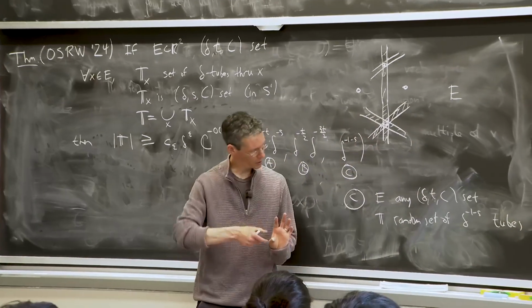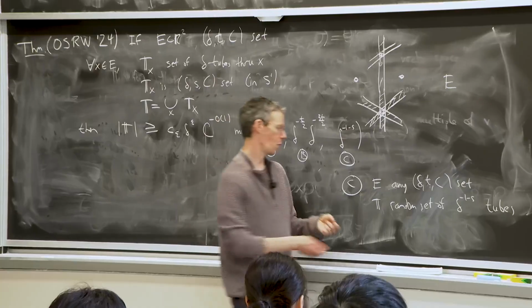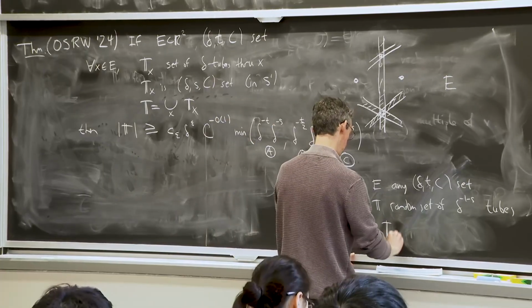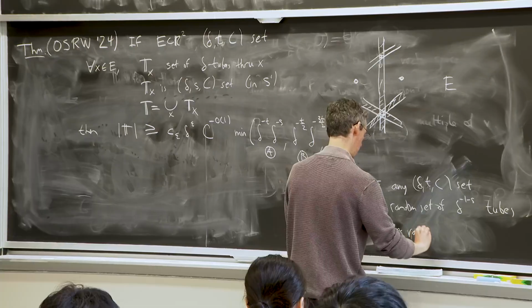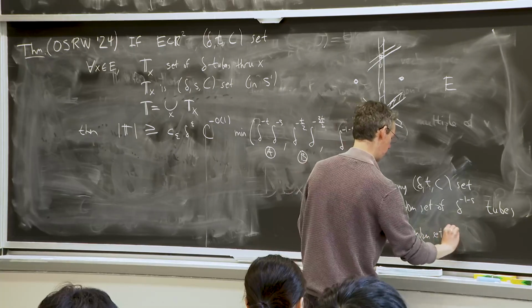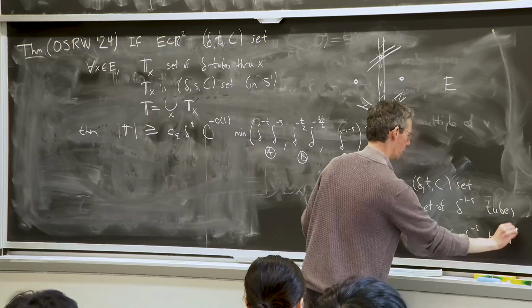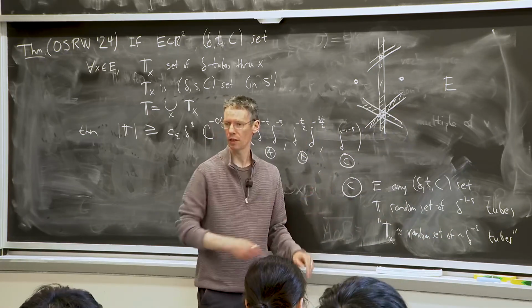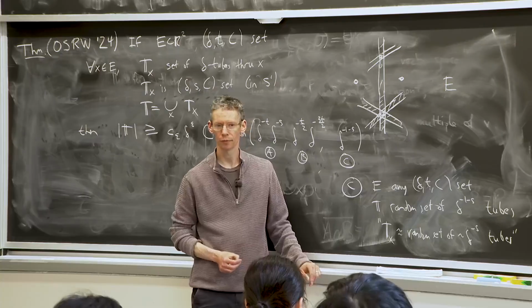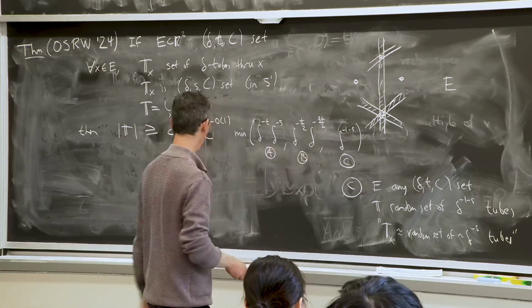And the probability that a delta tube goes through a given point is delta. So a typical point, Tx, would essentially be a random set of around delta to the minus S tubes. And in a random set, there might be a couple that are close together, but on the whole, that would be a delta S set of tubes. So that's where this new option comes from.